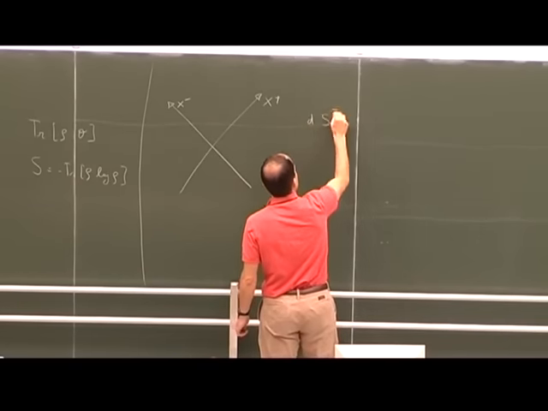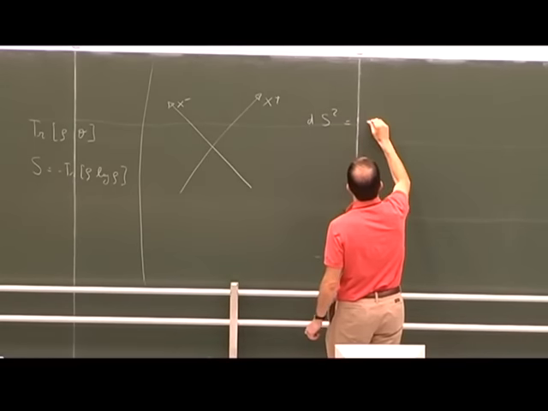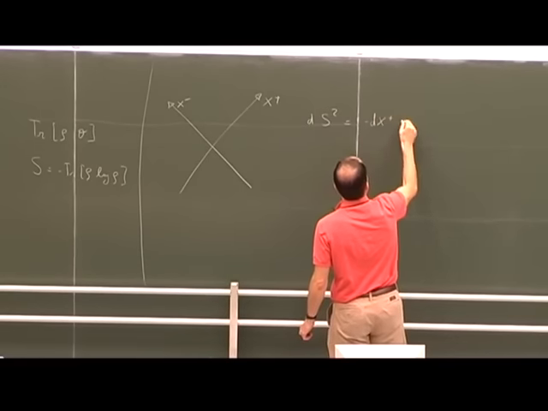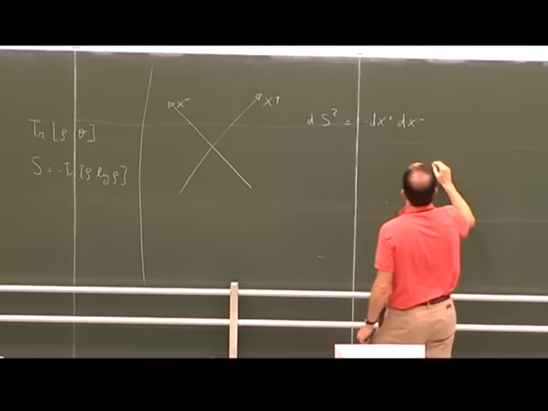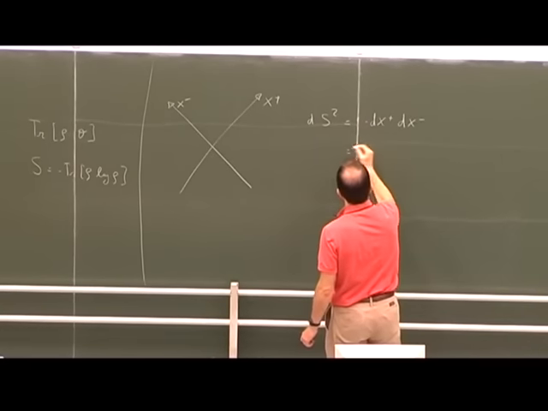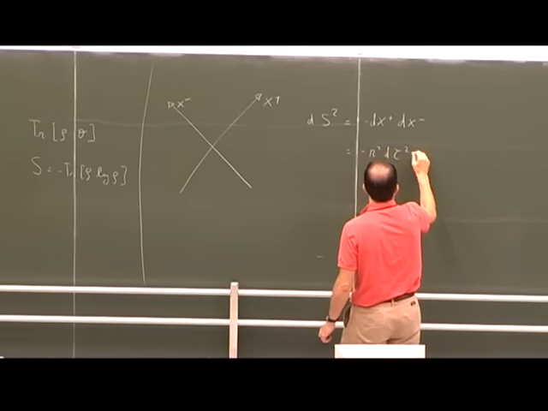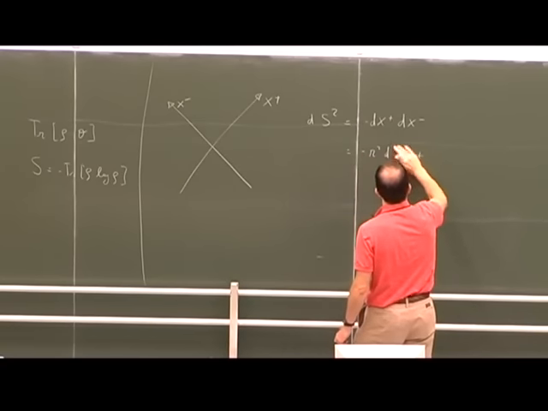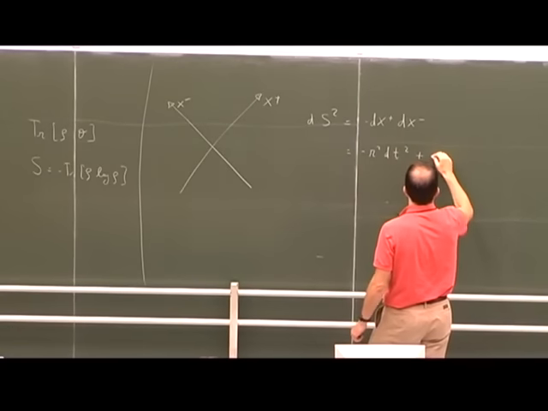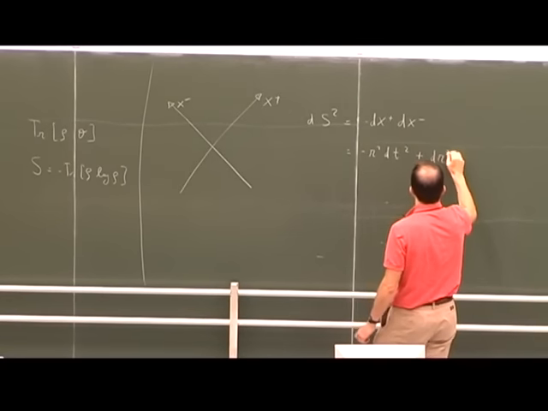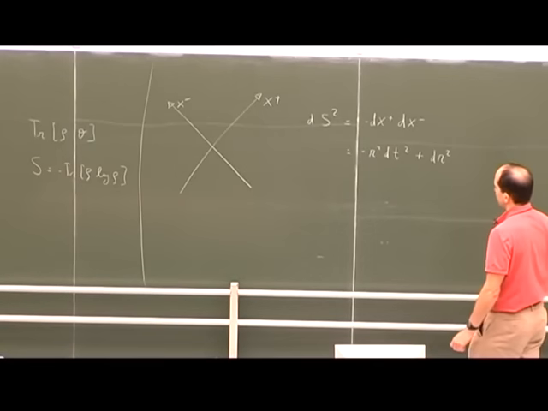We can write the metric of this space in the usual light-cone form. Or we can also choose coordinates where the metric has the form d tau squared plus, let me call this t, plus dr squared. These are the so-called Rindler coordinates.